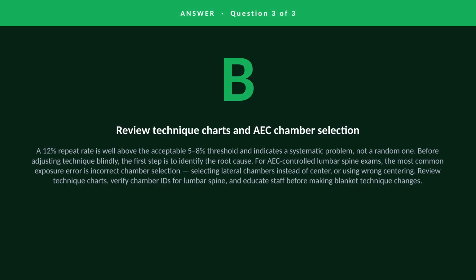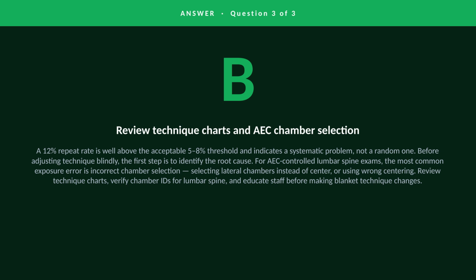The answer is B. Review technique charts and verify AEC chamber selection for lumbar spine. A 12% repeat rate is well above the acceptable 5 to 8% threshold. And exposure error, as the primary category, points to a systematic technique or AEC setup problem, not random error.